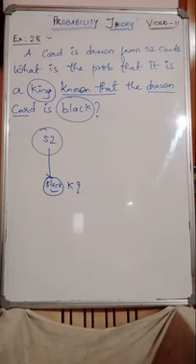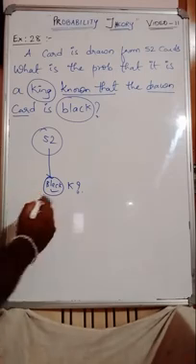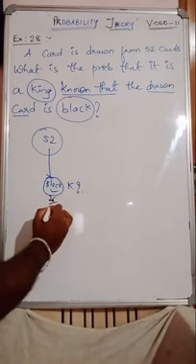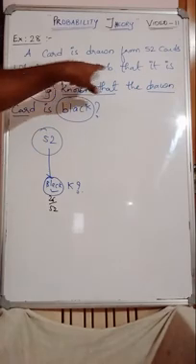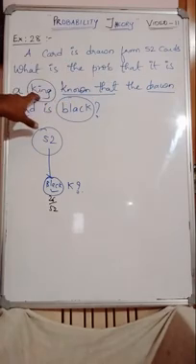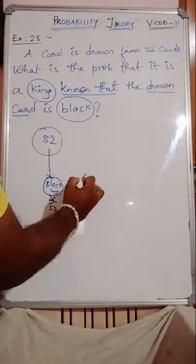You understand guys? See here. A card is drawn from 52, and you know that it is black in color. What is the probability of black in color? 26 by 52. There are 26 black cards. Now, what is the probability that it is a king card? Kings we have 4 possible cases.